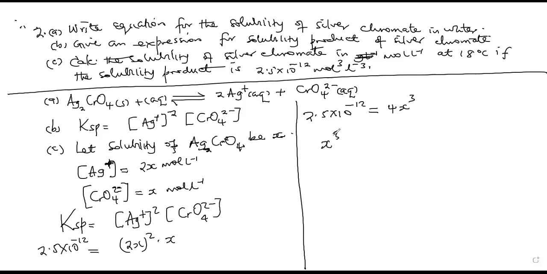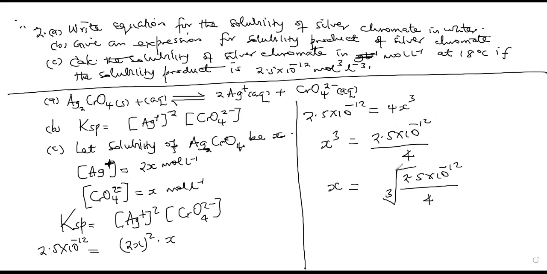Implying that x cubed is equal to 2.5 exponent negative 12 over 4, giving the value of x as the cube root of 2.5 exponent negative 12 over 4. And this will give you the value of x as 8.5499 times 10 to the power negative 5.